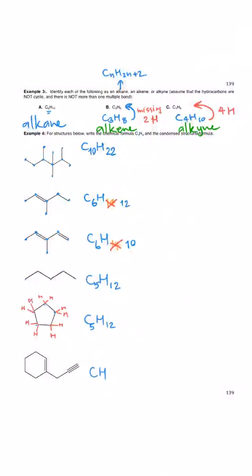Hey, wait a second. If we count the number of hydrogen, it is 10, but our formula only has 12. Why is it not the same? If you count the earlier structures, they match. For example, if you count this one, hydrogen would be 1, 2, 3, 4, 5, 6, 7, 8, 9, 10, 11, 12, which is identical to what we just talked about.